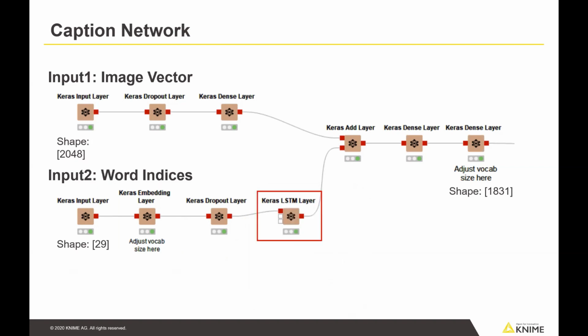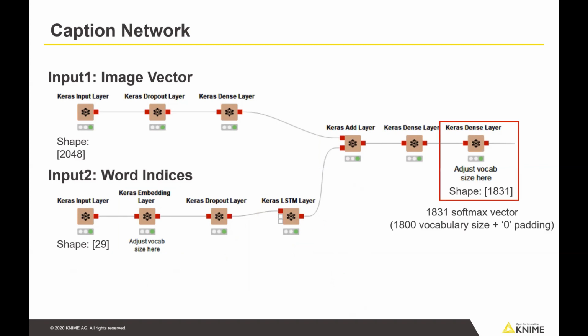Then we continue with another dropout, which is done for regularization, and we append one more LSTM layer, which is just a specialized layer type for sequence processing, but I won't go into more detail about this here. Then we fuse both branches by simply performing an add operation. This just adds the feature maps. Then we have one more dense layer, and we have an output layer, which has the number of neurons that corresponds to the number of classes.